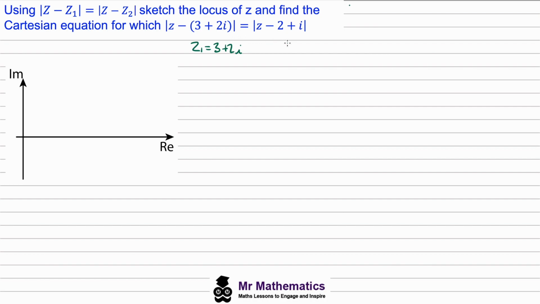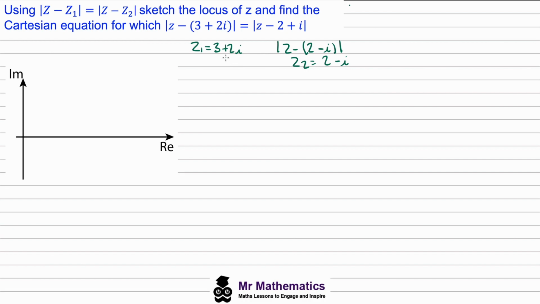And for Z2, we've got Z minus, if we write this out, we'll have the negative 2, but then we need a negative i, because when you multiply this negative by the negative i, this becomes a positive i. So Z2 then will be 2 minus i.